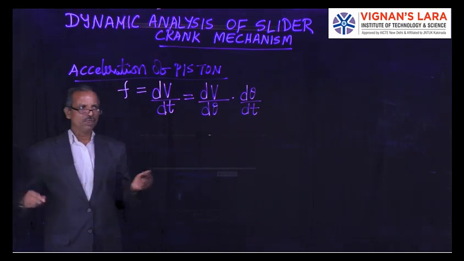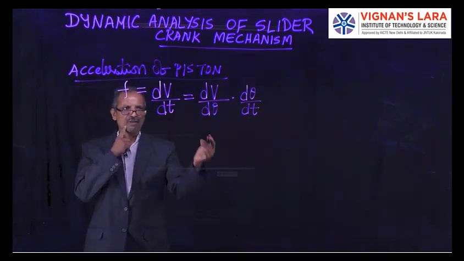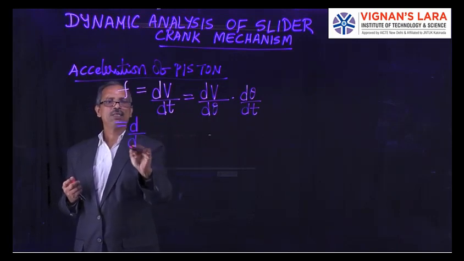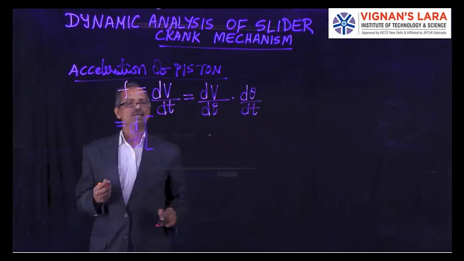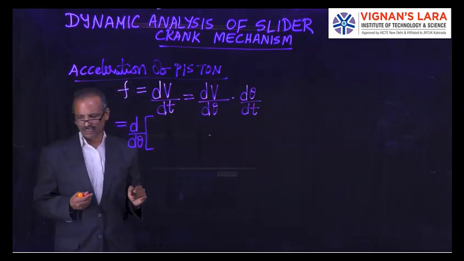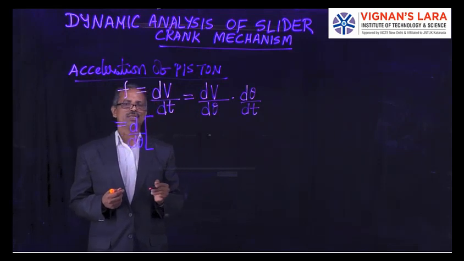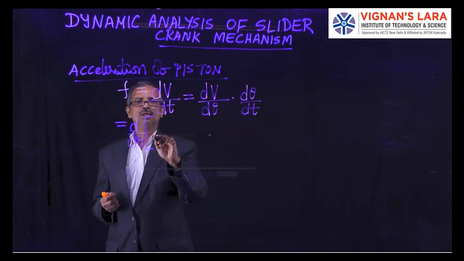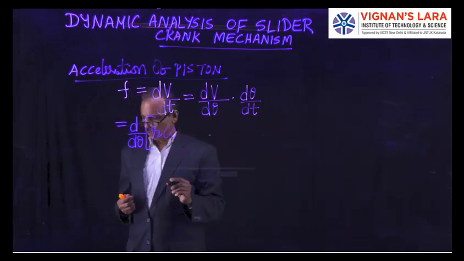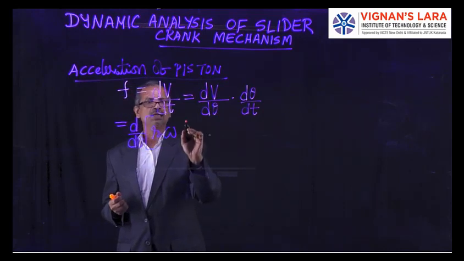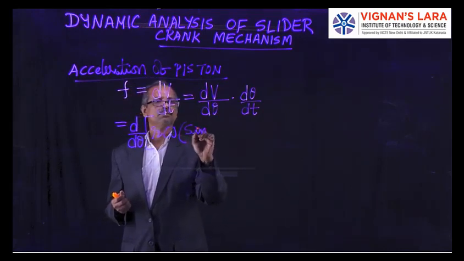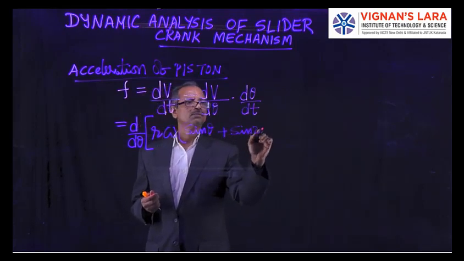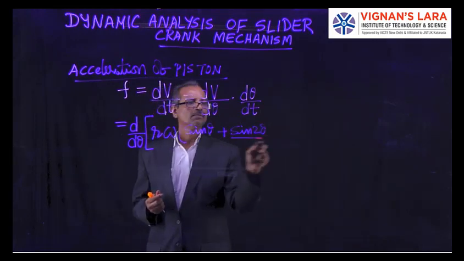Before that, I will write the velocity equation which we got in the previous case, where the velocity without neglecting the last term, sine 2 theta by 2n, is r omega into sine theta plus sine 2 theta by 2n.